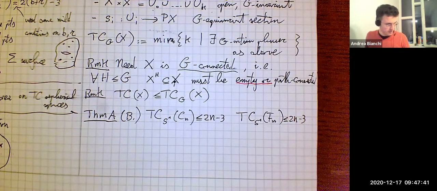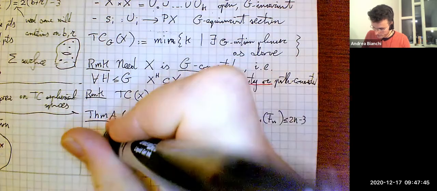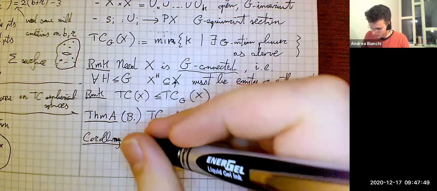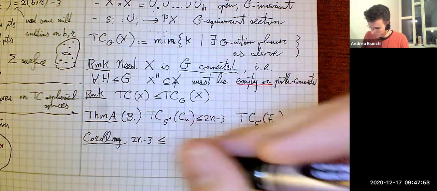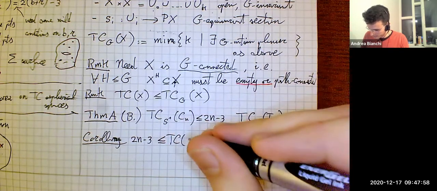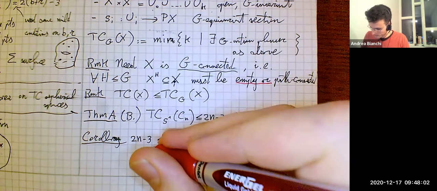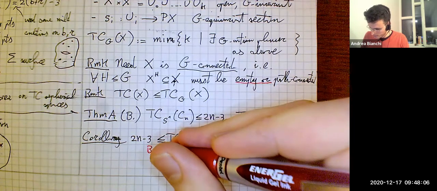And from this, we obtain immediately the desired corollary. So in the unordered case, we have 2n minus 3 lower or equal than the topological complexity of Cn, and this inequality is contained in previous work.